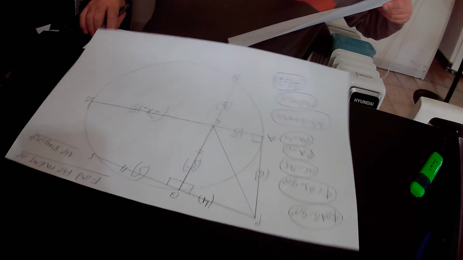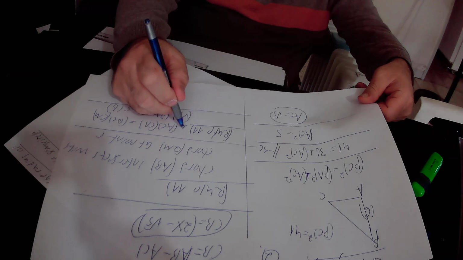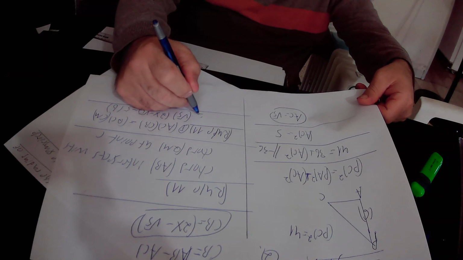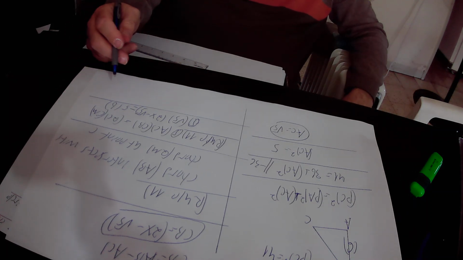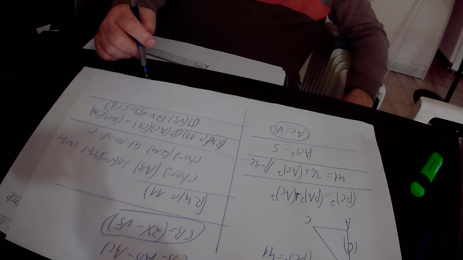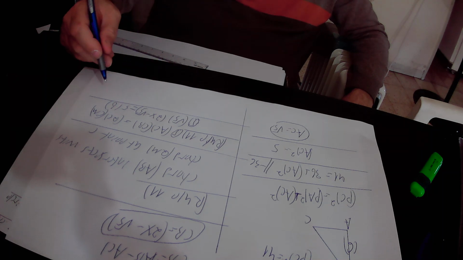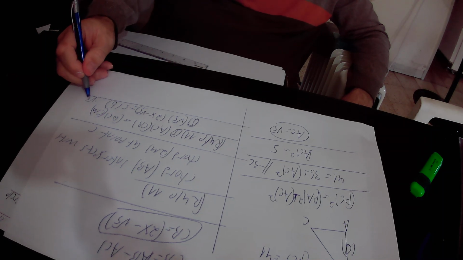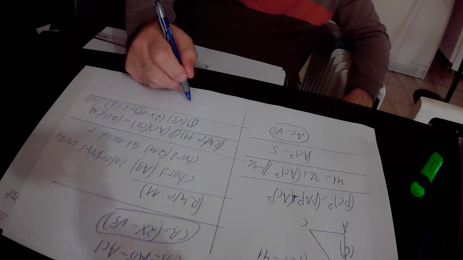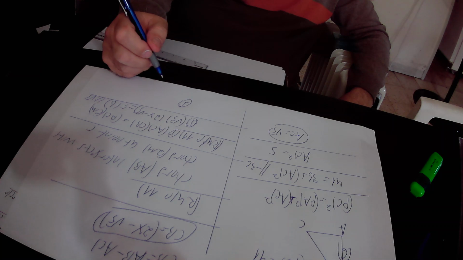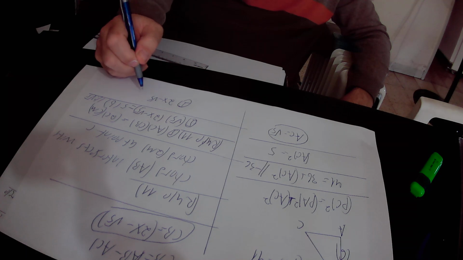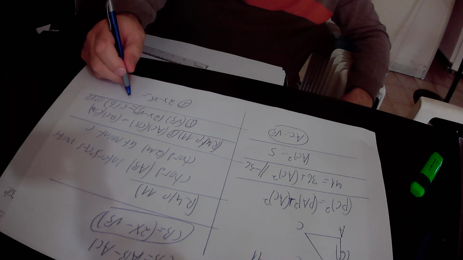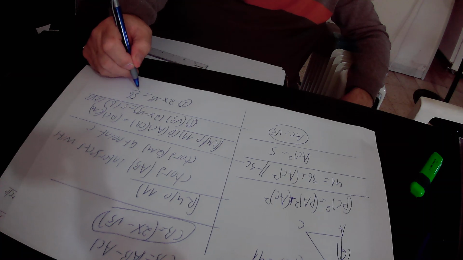In conclusion, we found out that according to rule number 11, square root of 5 times (2x minus square root of 5) equals 5b. So here we will divide this equation number 1 by square root of 5, and we get that 2x minus square root of 5 equals 5b over square root of 5.